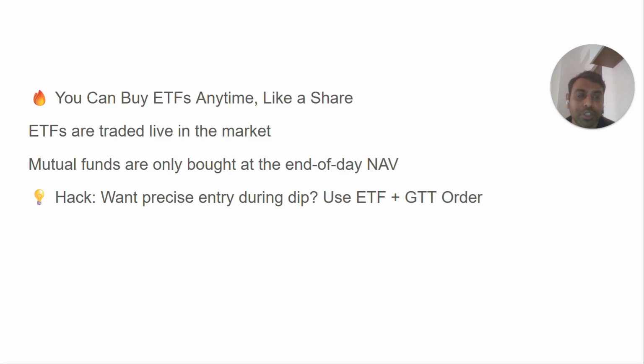But in the case of a mutual fund, they have a NAV, which updates at the end of the day, so we cannot buy a mutual fund at the live price. That is one advantage of ETFs over mutual funds. We can also set GTT orders at a lower price.